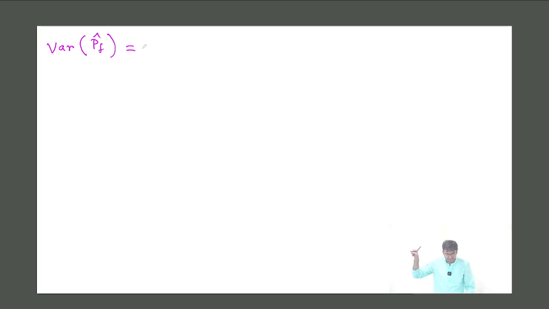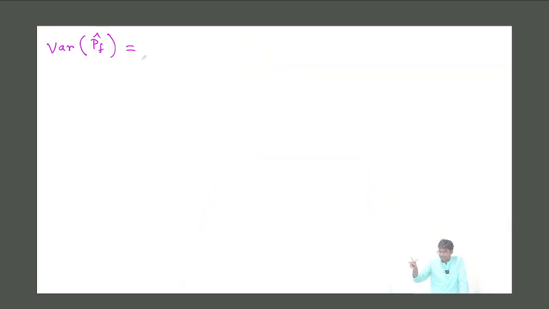One by n summation. If I take variance, 1 by n will become 1 by n square. Variance of Ax is equal to A square variance of x, and then since they are IID, variance will go inside the summation.